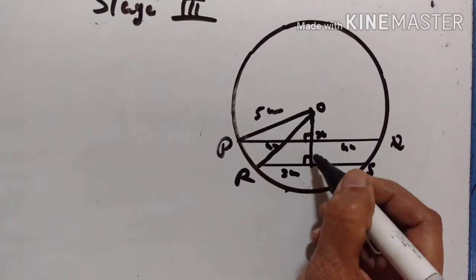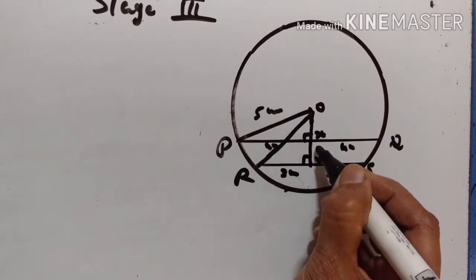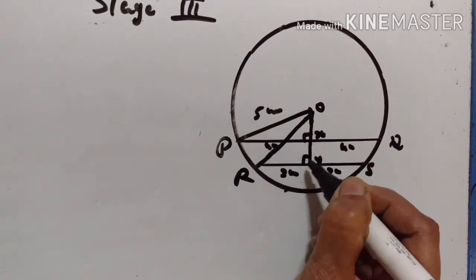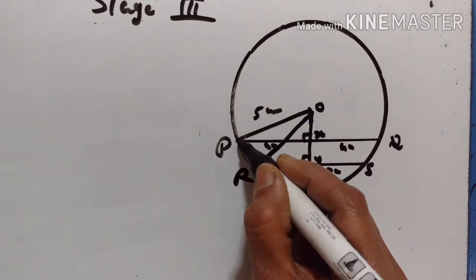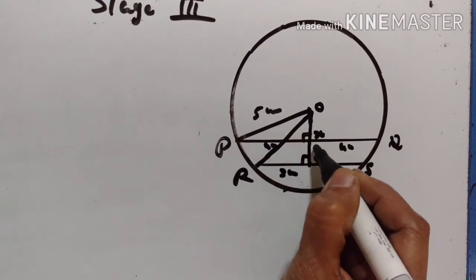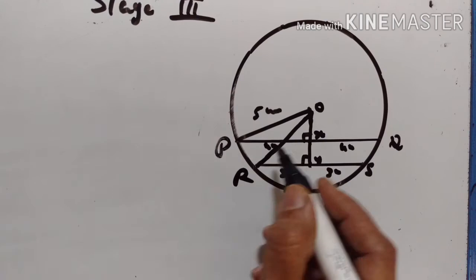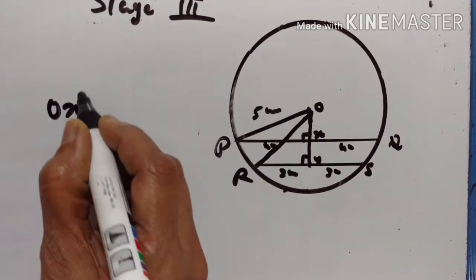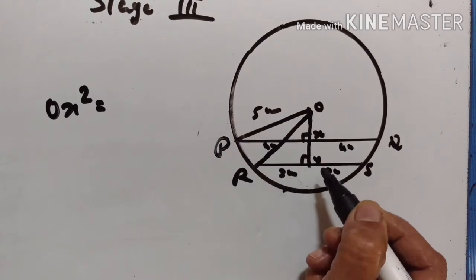We have to find this distance. So OY minus OX gives us the distance between these two chords. What is OX? OP is equal to 5 cm and XP is equal to 4 cm.